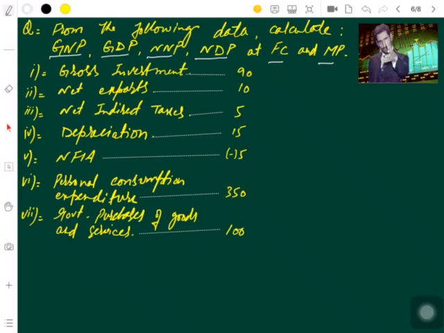So that is why I give due consideration to the aggregates when I teach aggregates. Okay, now we have to do each and everything here. We have to calculate our gross national product, our gross domestic product, our net national product, our net domestic product, both at factor cost as well as at market price.